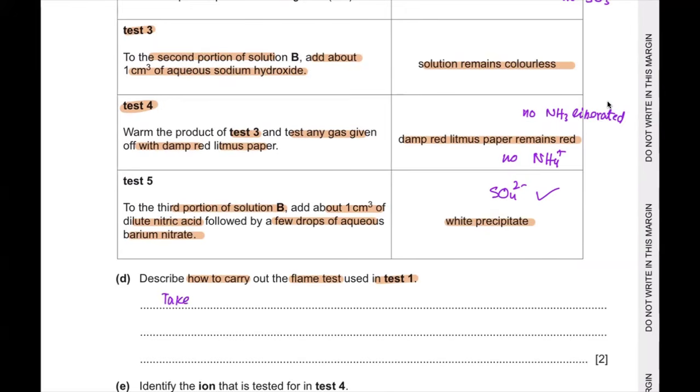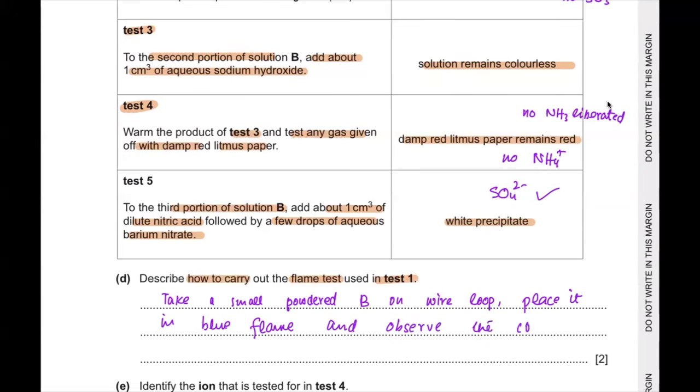So take a small powdered B on a wire loop, place it in the blue flame and observe the color of the flame, which they have already observed, that is red.